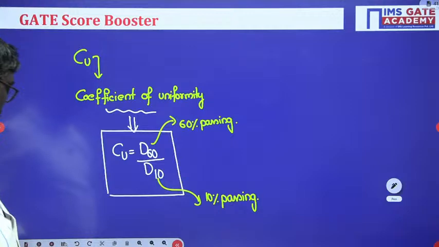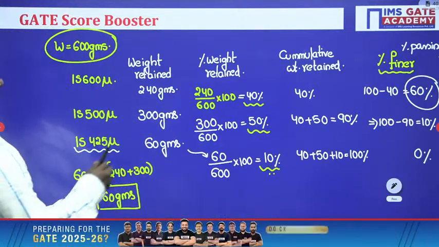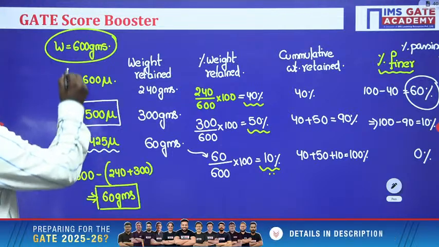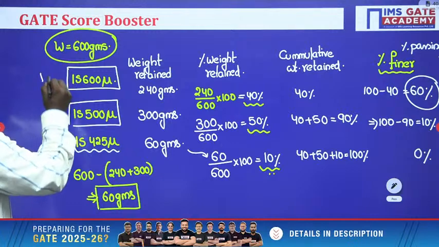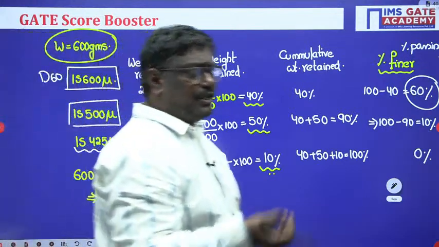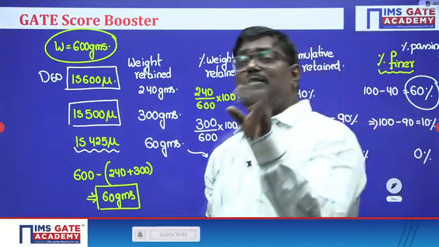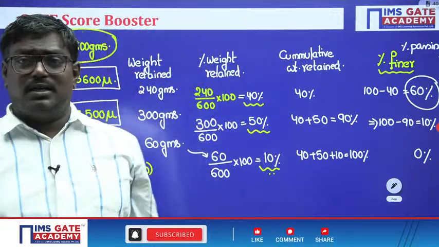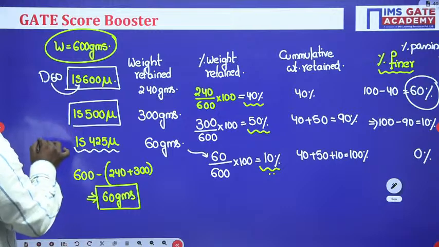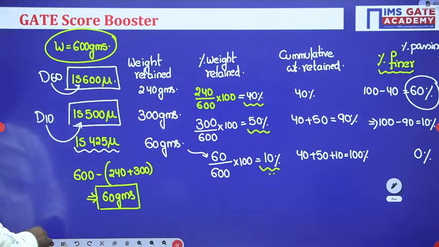First of all, see students, D10 is the effective size of the sieve. So it is IS 500 where 10%, and D60 is IS 600, so 60%. If they represent D30, D60, D20, whatever, they are first of all the sieve sizes. So here D60 is IS 600 micron and D10 is IS 500 micron.